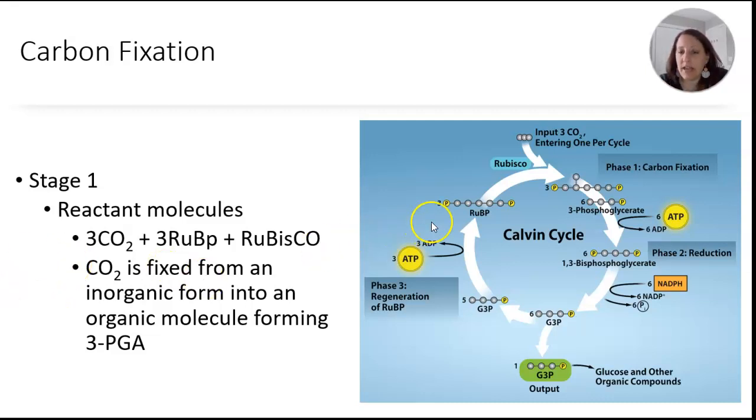During this initial step, when it combines with RUBP, we form an organic molecule, again called 3-phosphoglycerate. Okay, and from the 3 carbon dioxides and the 3 RUBPs, we end up with 6 of these 3-phosphoglycerate molecules. So that's carbon fixation. That's the first step.